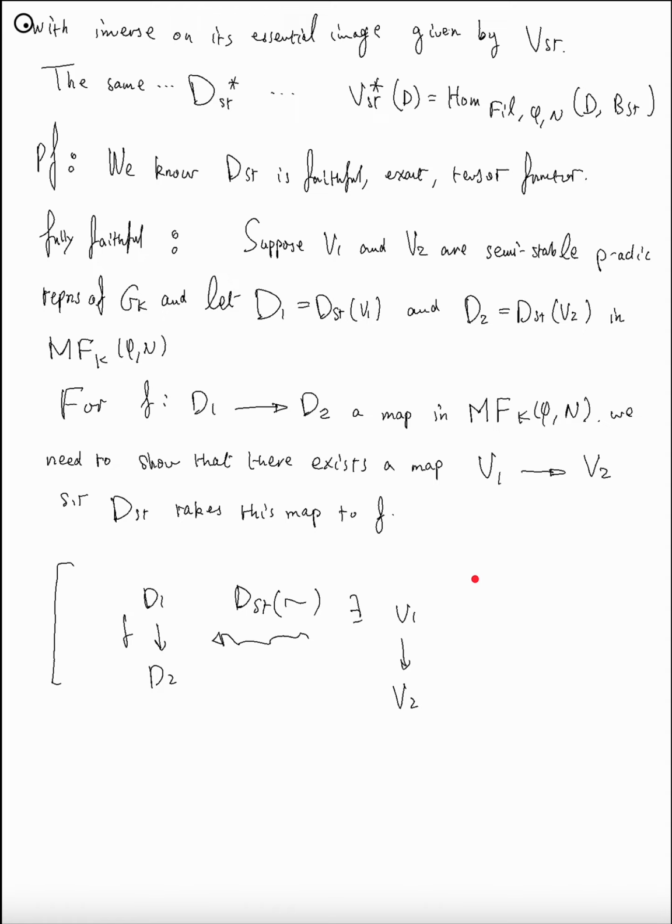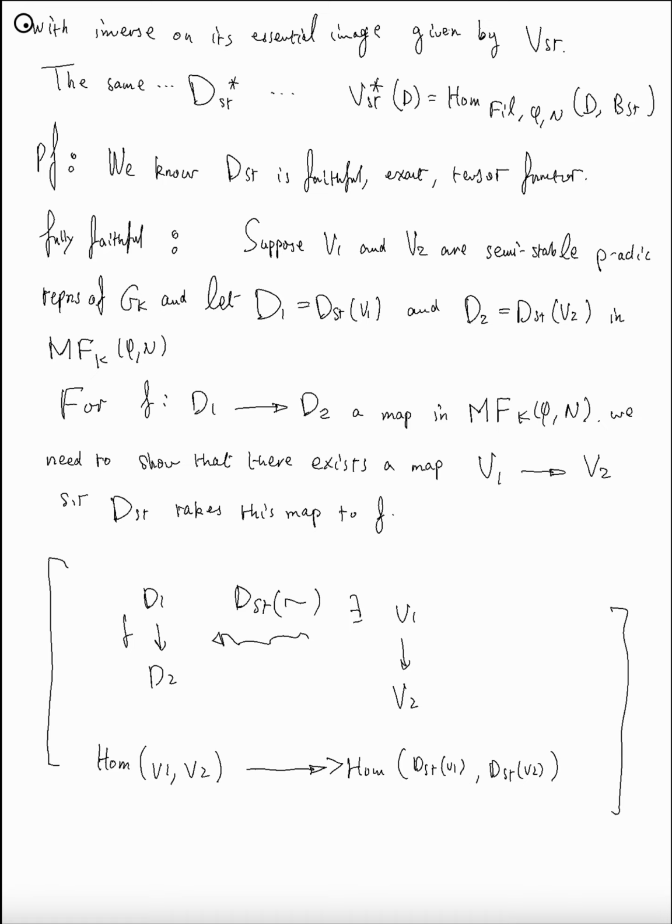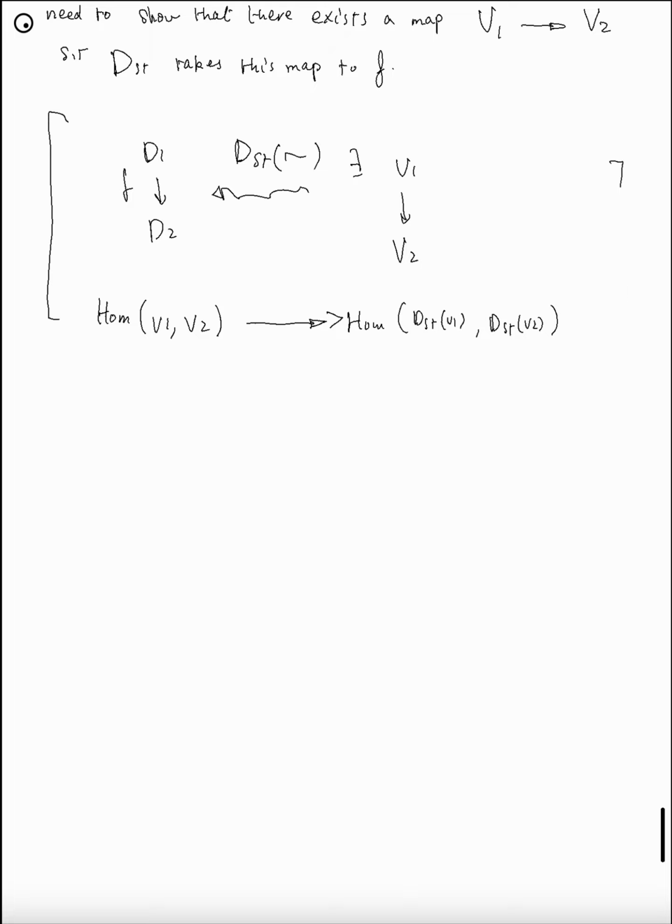This is showing that D_st is fully faithful. I already showed it's faithful; you have to show it's full, so Hom gives you a surjective map.